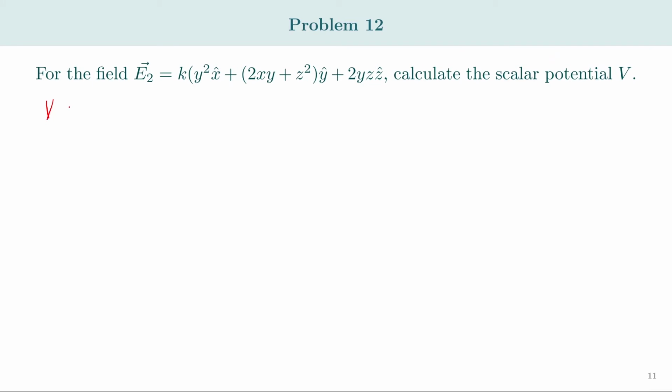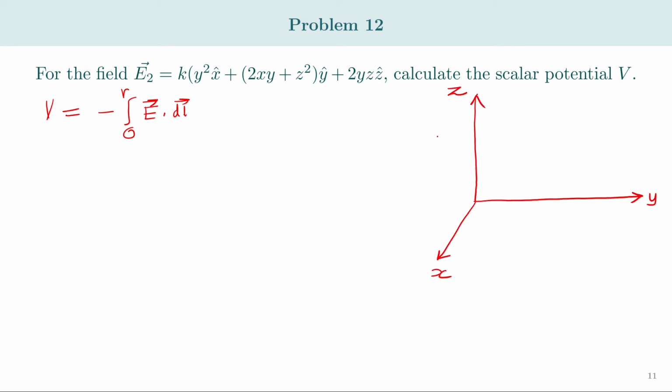That is, the scalar potential V is equal to negative of integral E dot dl from O to R. So let us fix the reference point at the origin, and let us assume that we want to calculate the potential at point x0, y0 and z0. We'll consider a path from the reference point O like this.